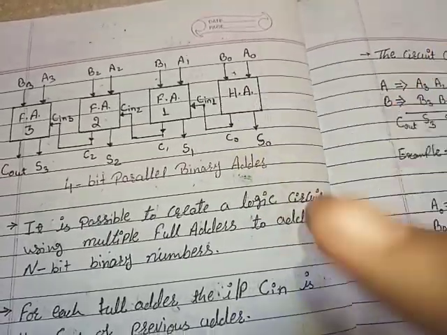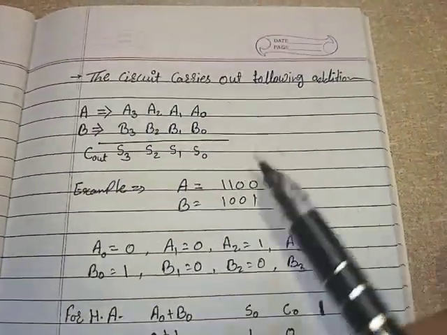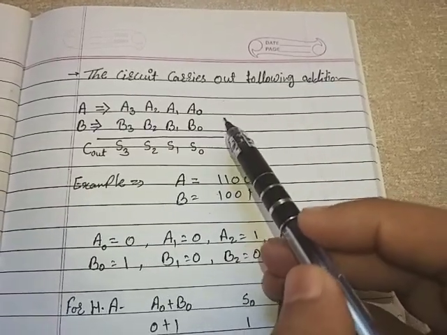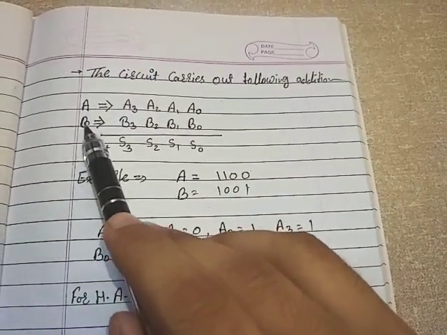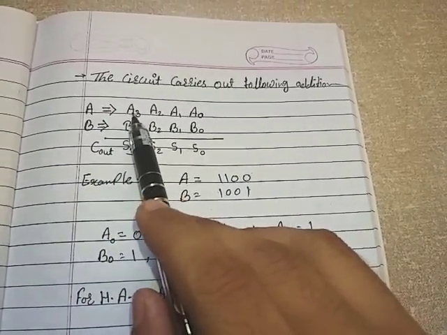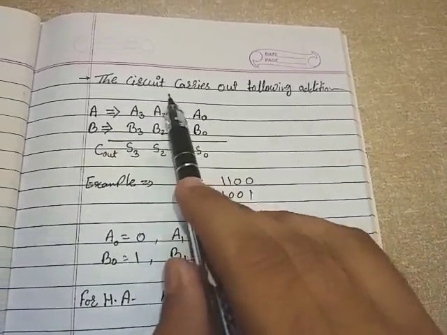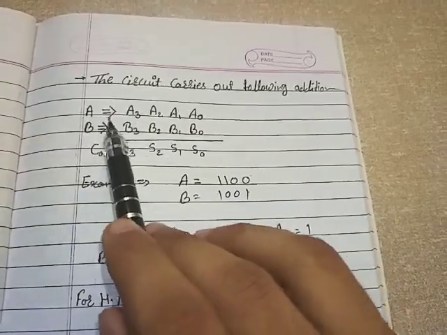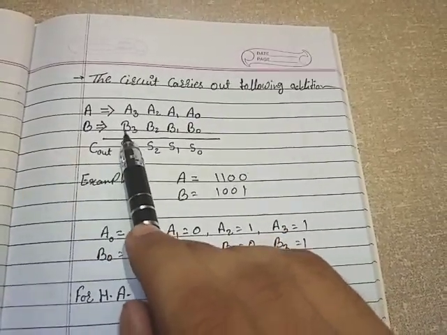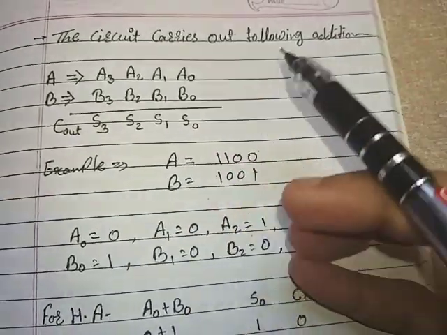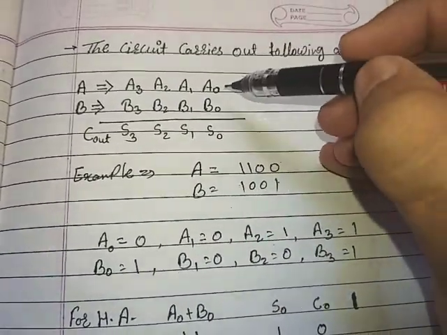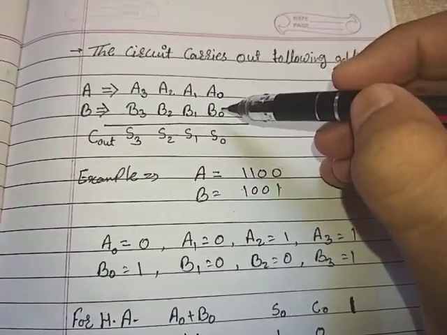Now why? While adding two binary numbers, for example a 4-bit binary number A and B, A is given by A3, A2, A1, A0. These are the 4 bits of A, and for B, B3, B2, B1 and B0. Now we will add from the rightmost side. So we first add A0 plus B0.